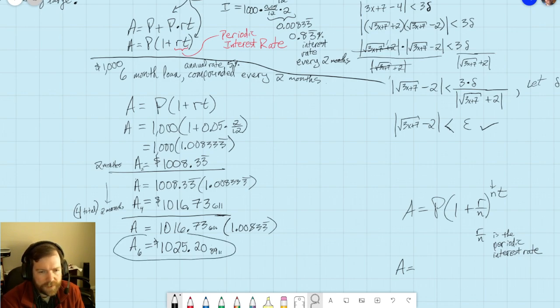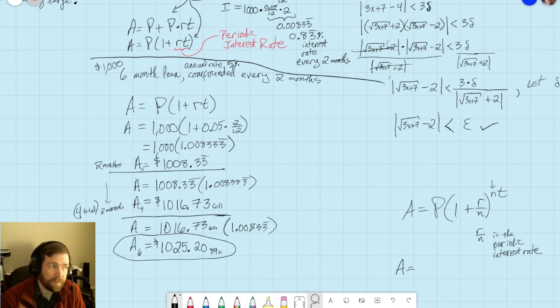So A6 is going to be this. If we don't make any payments on this, we're going to owe, after 6 months, $1,025 and probably 21 cents. Again, it's an annual rate of 5%, which is eventually going to cost us $50.